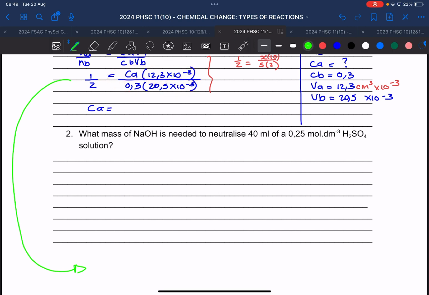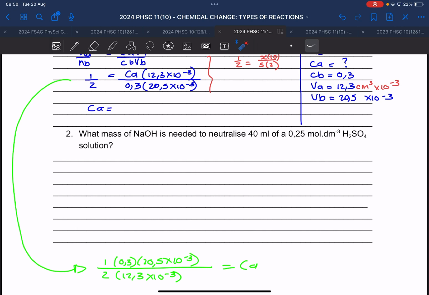So you have a half here, and you multiply by 0.3 times 20.5 times 10 to the power negative 3, and you divide by 12.3 times 10 to the power negative 3 equals CA. So can you see I took that to the top, and I took that to the bottom.